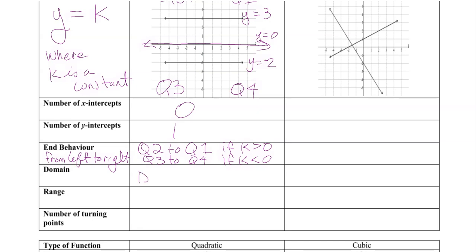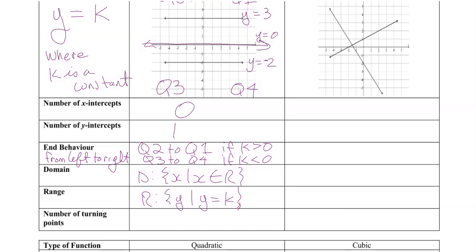Domain is the set of all x such that x belongs to the reals. You can put any real number in because there actually is no x in the equation. It's just y equals a constant. Your range is the set of all y such that y is equal to k.